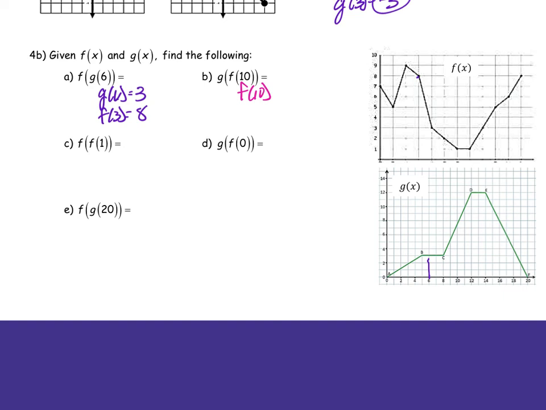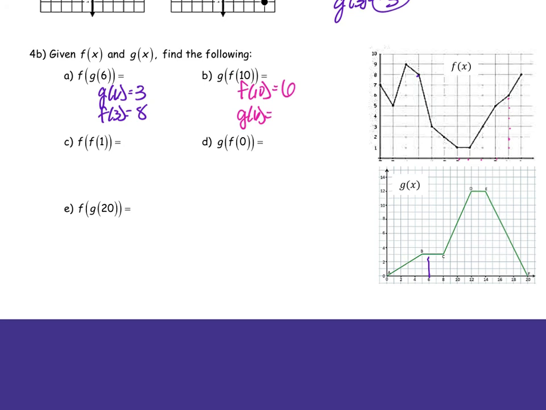It's at 6. And then g of 6 is at 3. We already found that one. Sorry, I forgot to circle those. F of 1 is at 5. And then I'm putting it back into f again. And f of 5 is at 2.